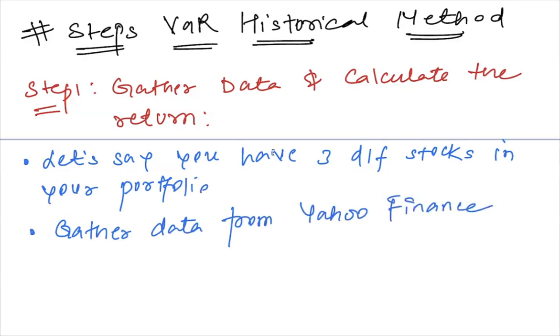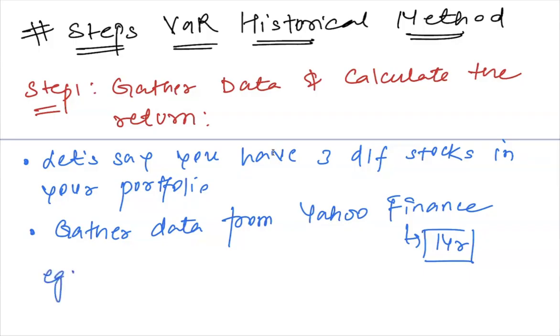In my example series, I have just collected 1 year of data. You can collect 2 year data, 3 year data, 5 year data, and so on. So the first step is to gather the data from Yahoo Finance.